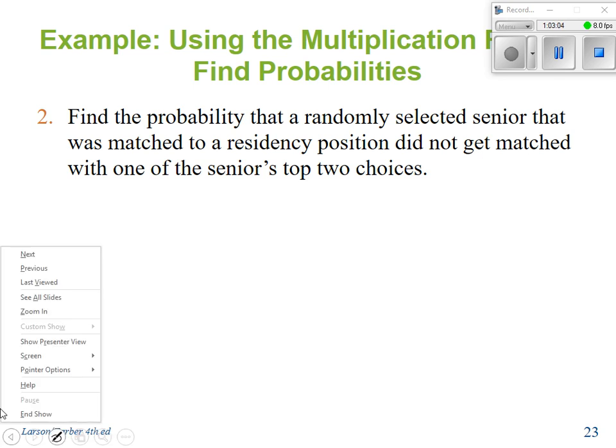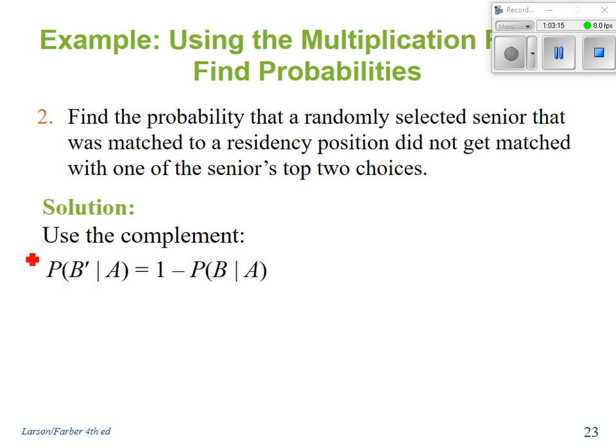It was 74%, right? So what percentage didn't get matched somewhere they wanted to go? 26%. So we did that, 26%. Didn't get matched with one of their choices.